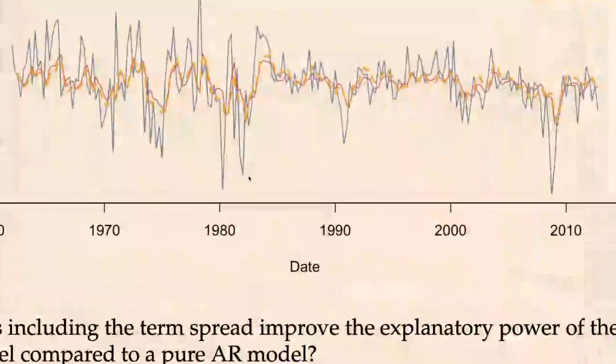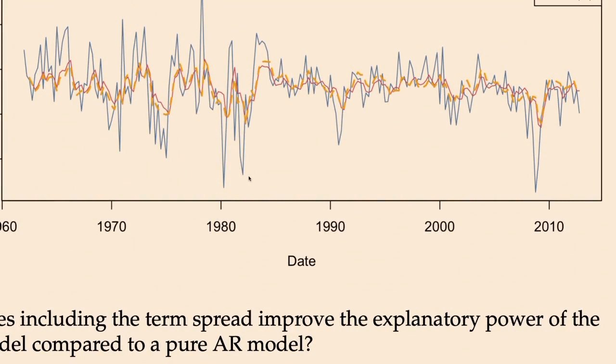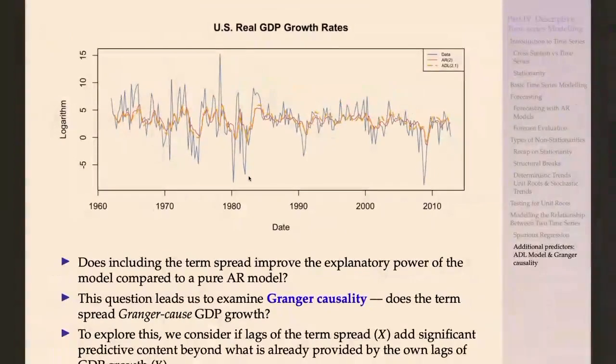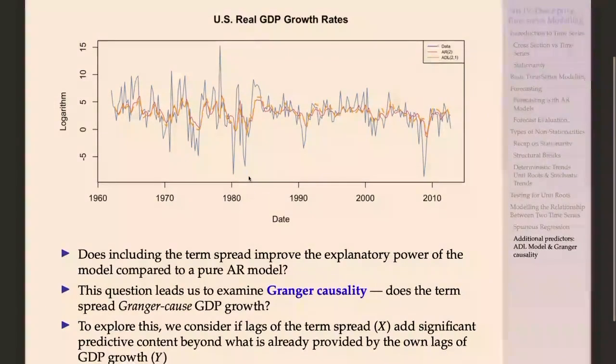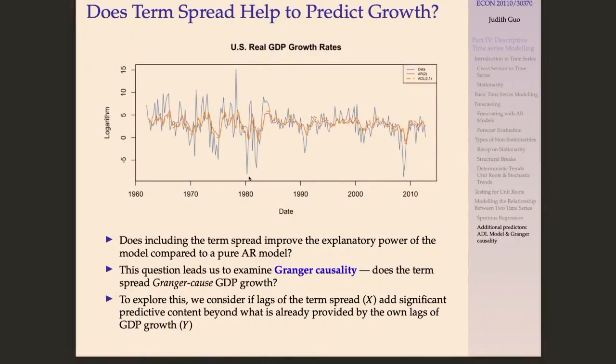If we look at this, we can to some extent argue that maybe it captures the volatility a bit better, although it doesn't really seem to be the case. We don't know. Okay? Then we need to test this formally. So this basically leads us to examine Granger causality. Okay? So Granger causality is perhaps the only new term today. Basically, we want to ask, does the term spread Granger cause the GDP growth?